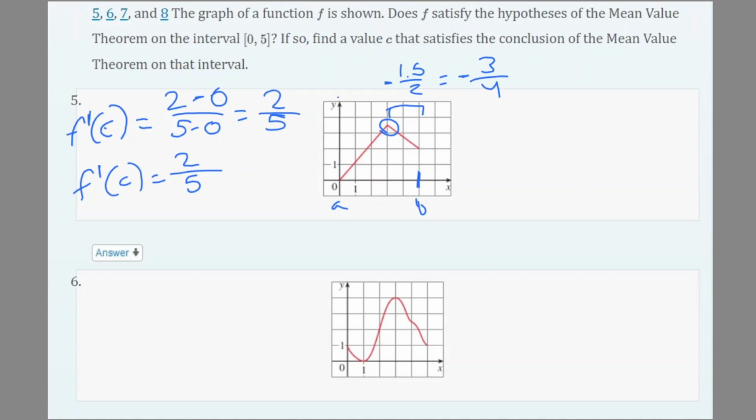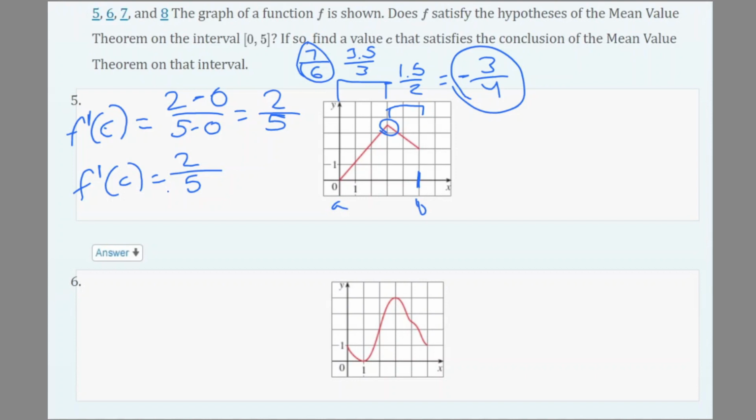And now the slope on this interval would be positive. So this goes up 3.5 for every 3, so it'd be 3.5 over 3. You could also rewrite it as 7 over 6. So our two slopes we have in this graph are 7 over 6 and negative 3 over 4.